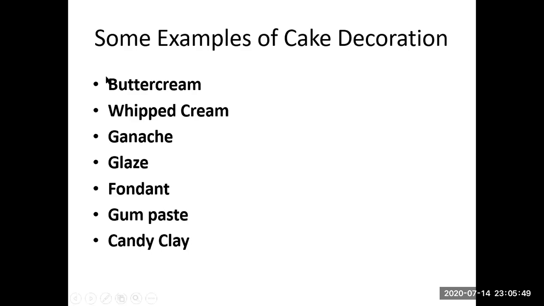For example, in case of buttercream, there are lots of variations like Swiss buttercream, American butter frosting, Italian buttercream. It can be varied, but all of the cream will be prepared with butter. So we actually know about the basic things. These are some examples of cake decorations that are mostly used.